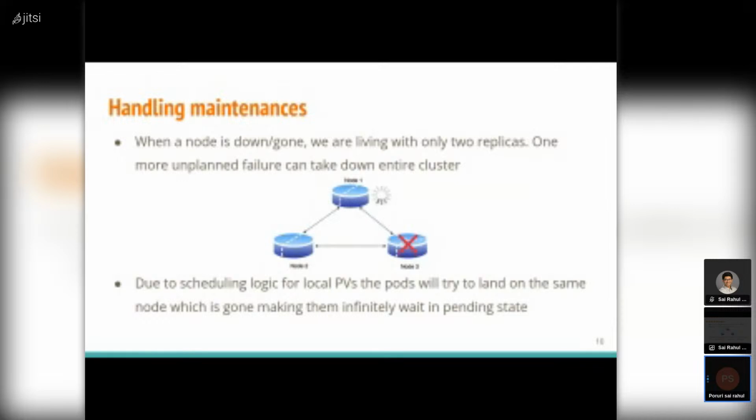The scheduling logic was that whenever such a local PV pod goes down, you try to bring it up on the same node. But now that node is gone, so you cannot create another compute on it. So the pod will stay in the pending state. These were the two problems why we should handle the scheduled maintenance, and why we should proactively move out of those nodes in a safe manner.